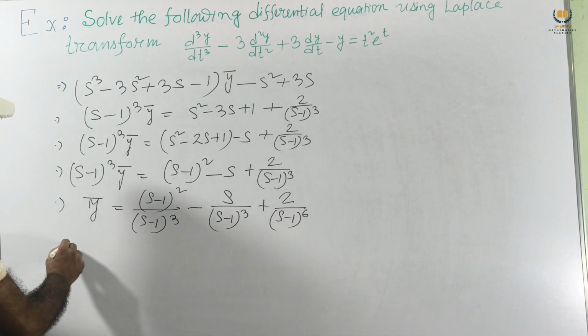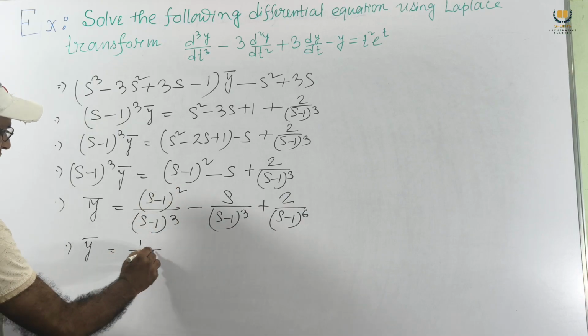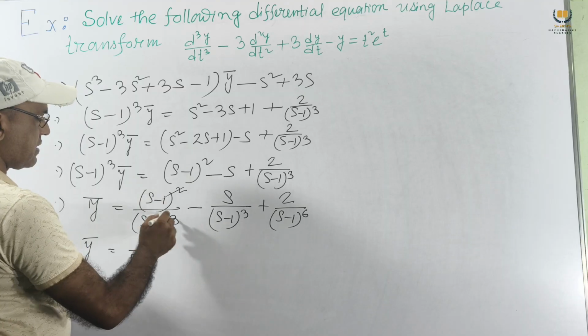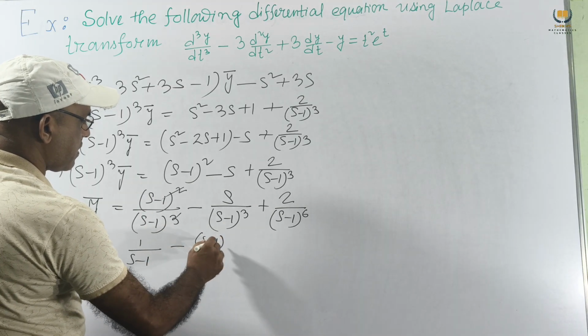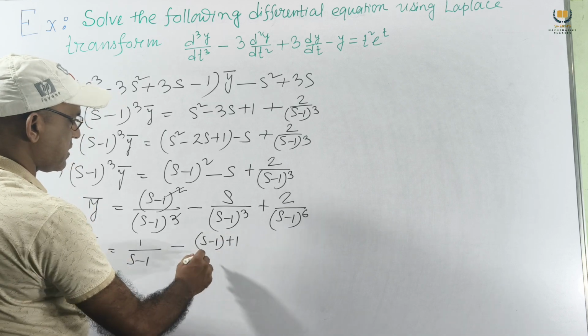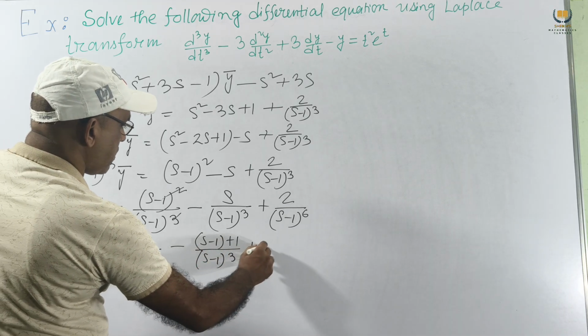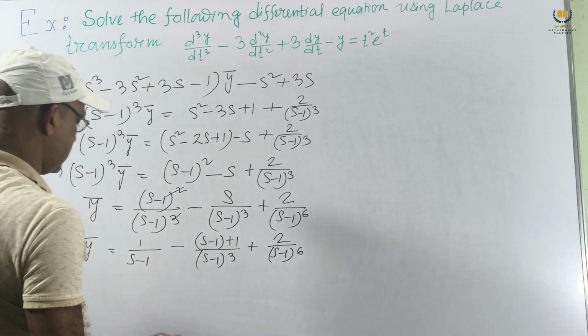So this will be y bar, this will be cancelled, 1 by s minus 1, this cancel, and this is s minus 1 plus 1, we consider s minus 1 whole cube, 2 by s minus 1 whole to the power 6.